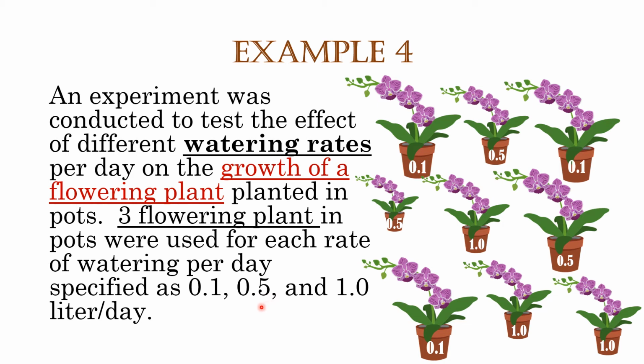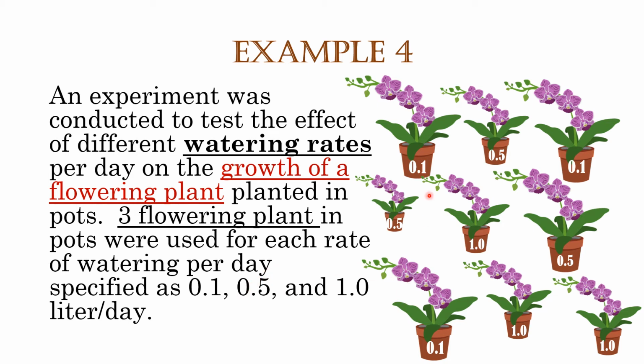In other words, we have 9 pots because R times T, or replication times treatment, is equal to our total experimental units. So we have 9, 3 times 3, because we have three levels and 3 replications.